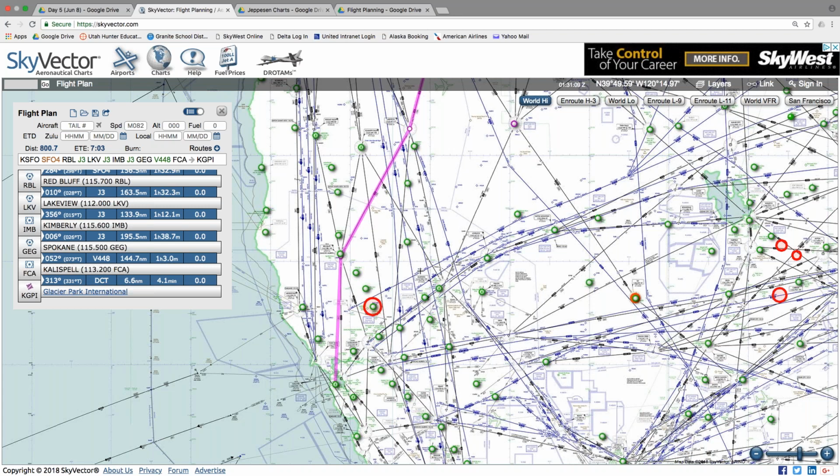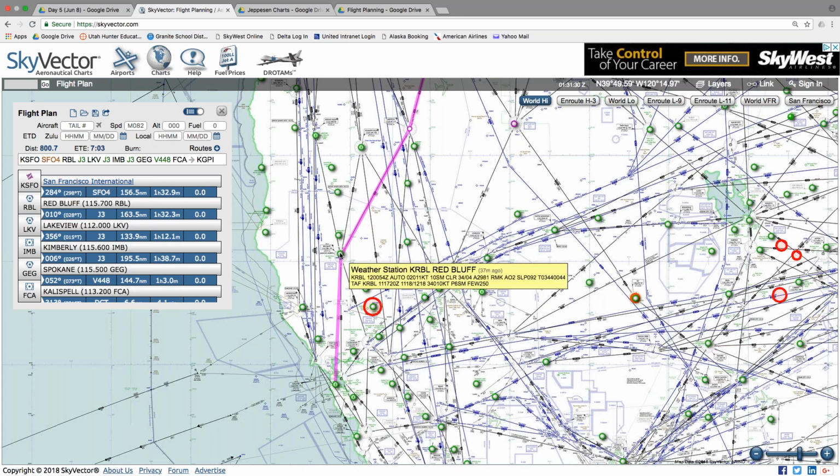All right, so going back to our little cheat sheet here, 156.5. We know that our total segment distance for top of climb is 163.7. So we know that we can take this 163.5 from Red Bluff to Lakeview VOR.